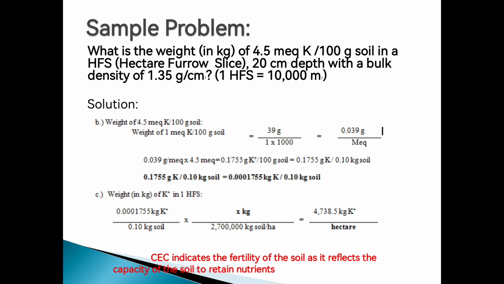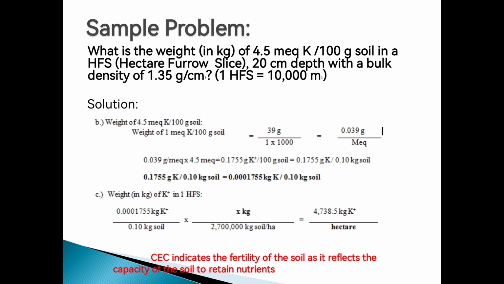So when you summarize it all, and follow the calculation, the 4.5 milliequivalent potassium in a 100 gram of soil will give you 4,738.5 kilogram of potassium per hectare of soil. So that is how much potassium you have if you calculate for one hectare.